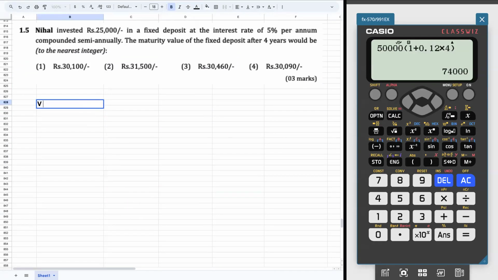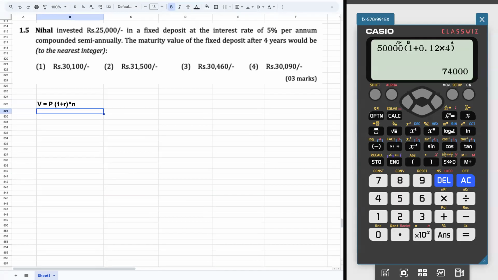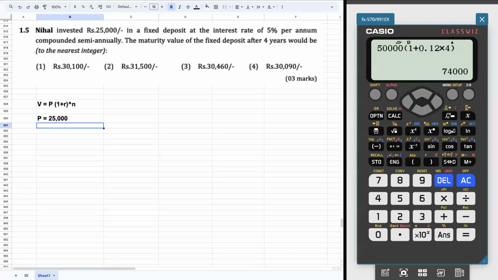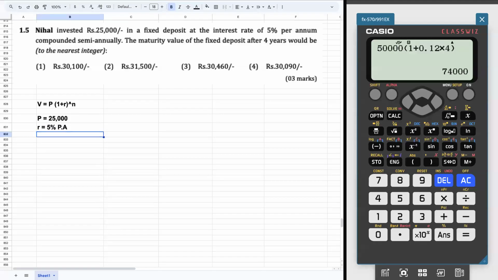So, the formula in compound interest is P(1 + R) to the power n, right? So in this question, the principal amount is rupees 25,000 invested in a fixed deposit, and the interest rate is 5% per annum.